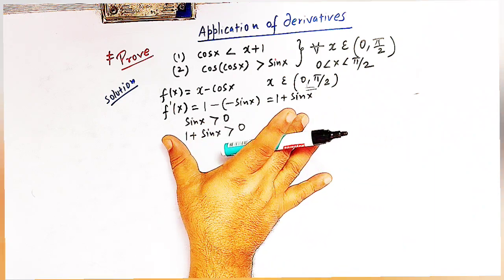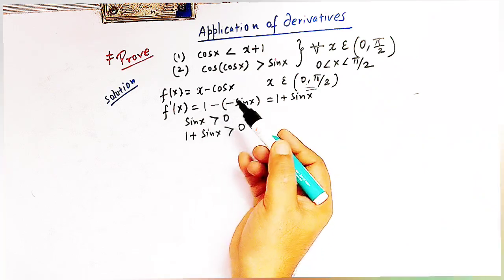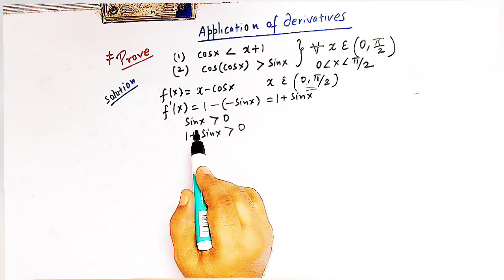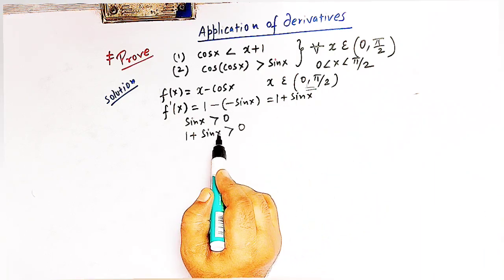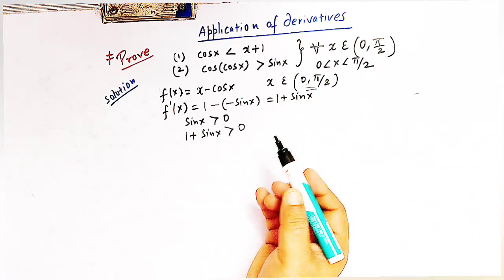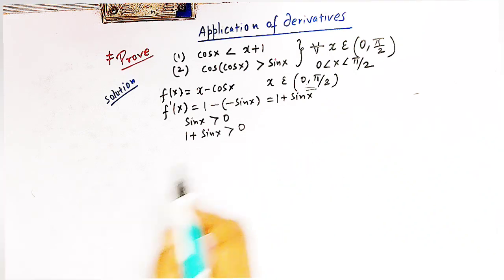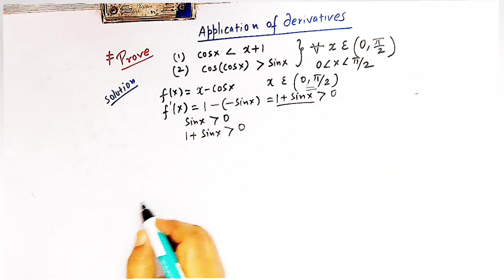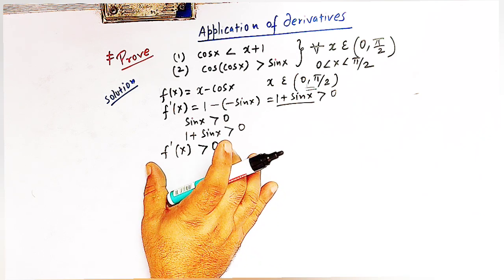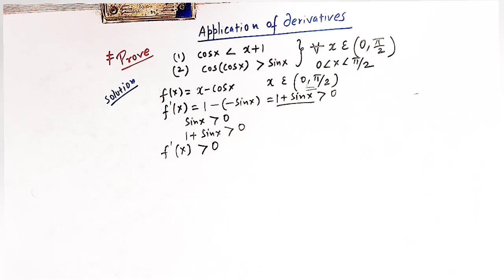Because 1 is positive and sine x is positive, when we add two positive quantities we always get a positive quantity. So f prime of x is greater than 0. The derivative is positive, and this is the condition for a function to be an increasing function.